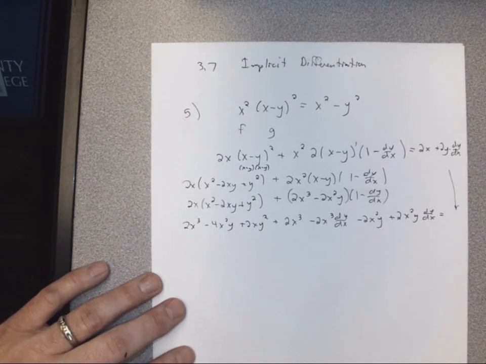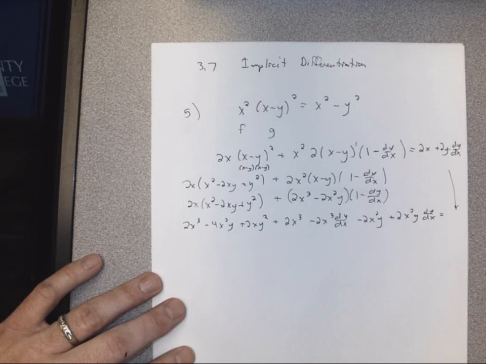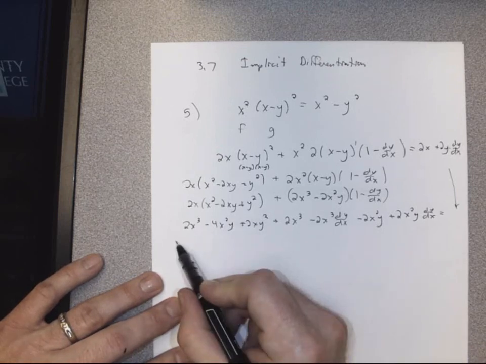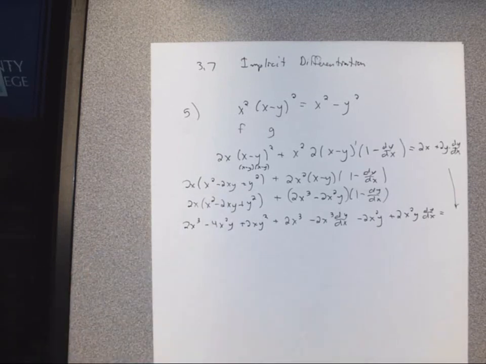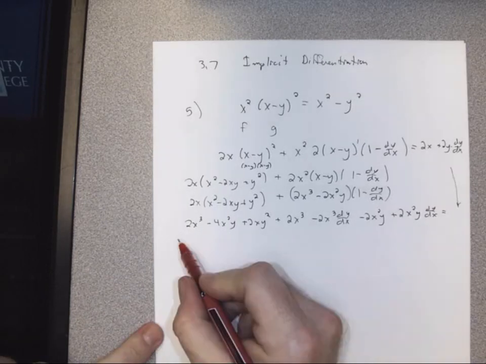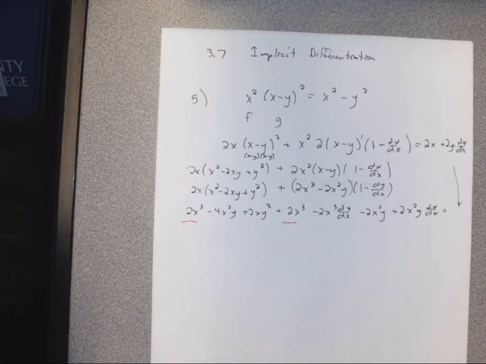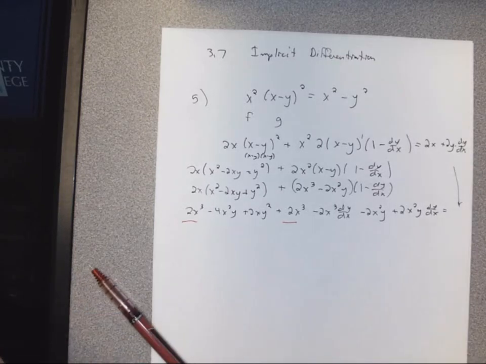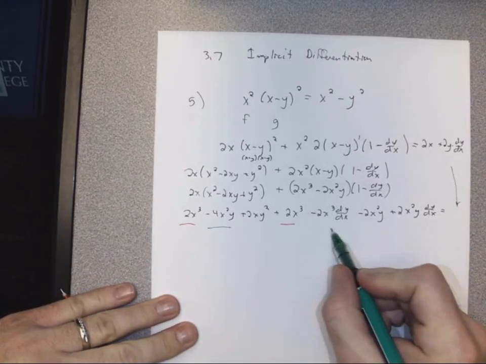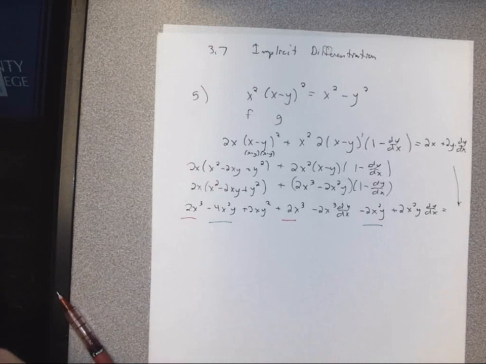Now let's see if anything kind of collects. We got a couple nice things here. So I can see that I can pull a lot of these together. For instance, these are like terms, right? And these are like terms.